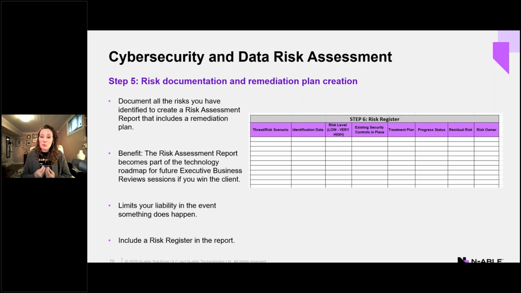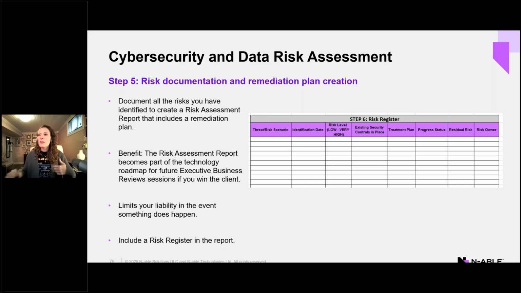If you decide to accept them as a client, and that's a whole other boot camp and a whole other conversation, but if you decide to accept this client on, this is your way that if they get breached and have to make a claim with their insurance company, you can say, look, we did our due diligence. We made the client aware. They opted not to make the investment. So the breach is not our fault. The customer is the negligent party. And that's really what the insurance company is trying to find. They want to find that negligent party.